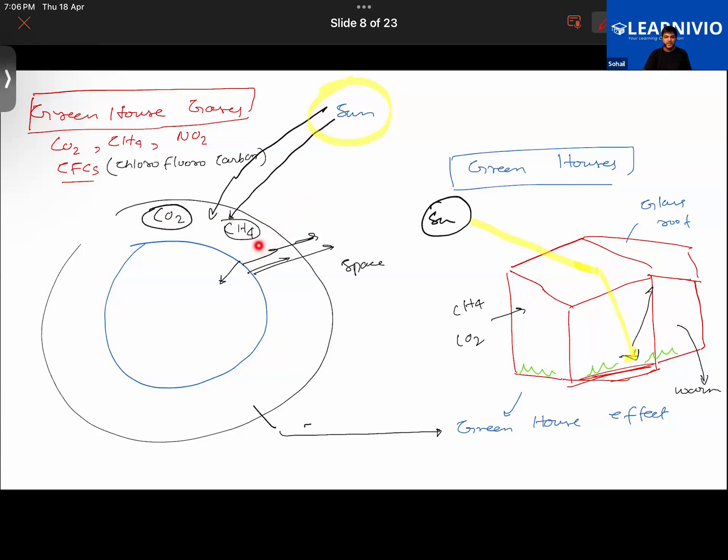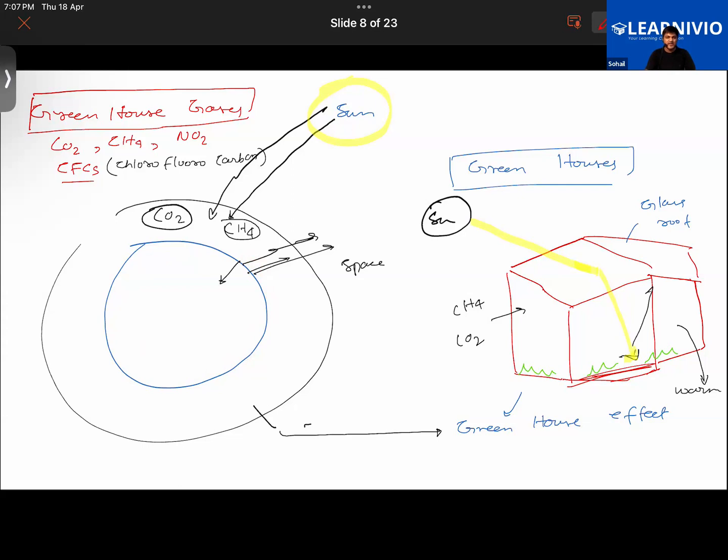So it will lead to increase in the surface temperature of the planet. Here, ultimately the source of heat is the sun. While in the case of Jupiter, the greenhouse effect is happening due to internal heating. The source of heat is internal. It is coming from Jupiter itself.